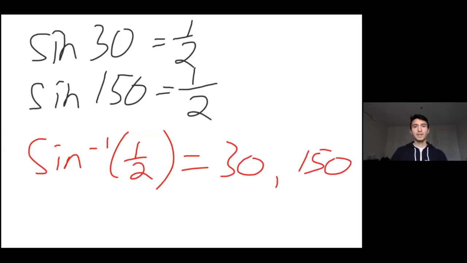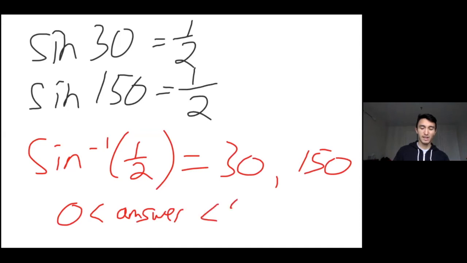Well, depending on the problem, maybe the problem says the answer should be between 0 and 90 degrees. Well, then obviously you're going to pick 30. Or if it was like the answer should be between 0 and pi over 2, that means the same thing, right?